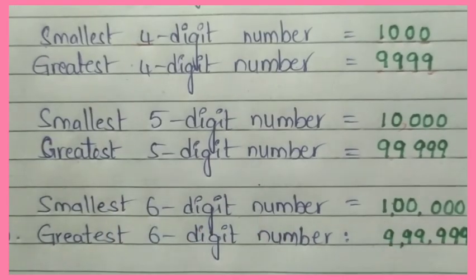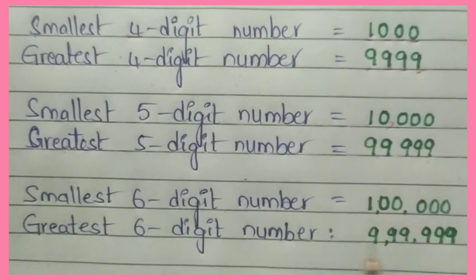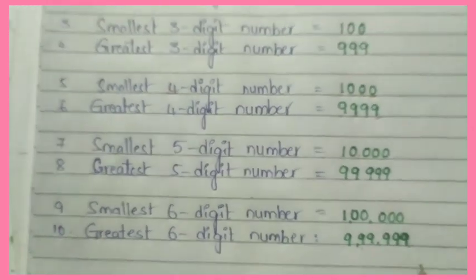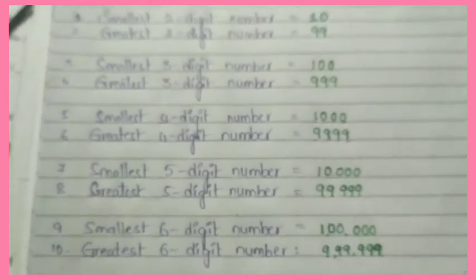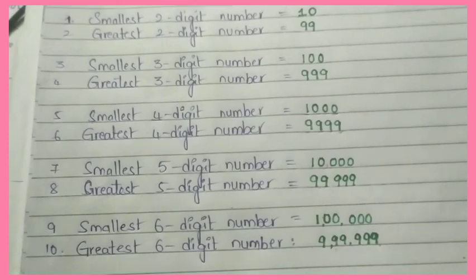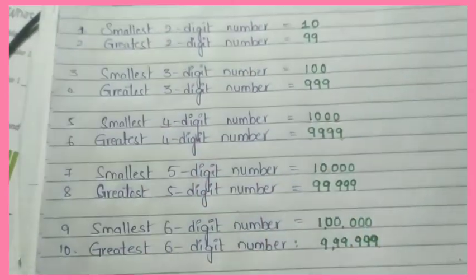The smallest 6-digit number is 1 lakh. The greatest 6-digit number is 9,99,999. Okay, learn this one. Smallest and greatest numbers: in the exam you will get questions from these.